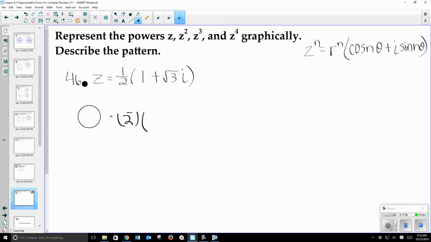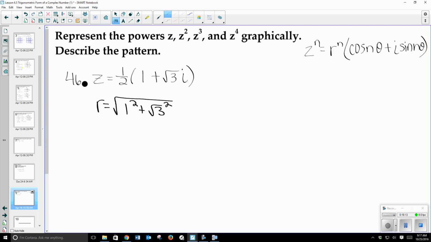Okay, so we don't have it in the right form to be able to just use it on this problem. It's in standard form, so we have to change it to trigonometric form. So in order to do that, we need the radius, or the modulus, the distance from 0, so that's 1 squared plus √3 squared, and that would be the square root of 4, which is 2.